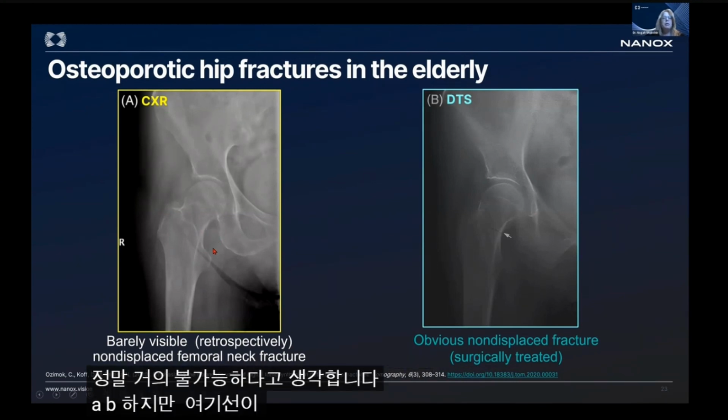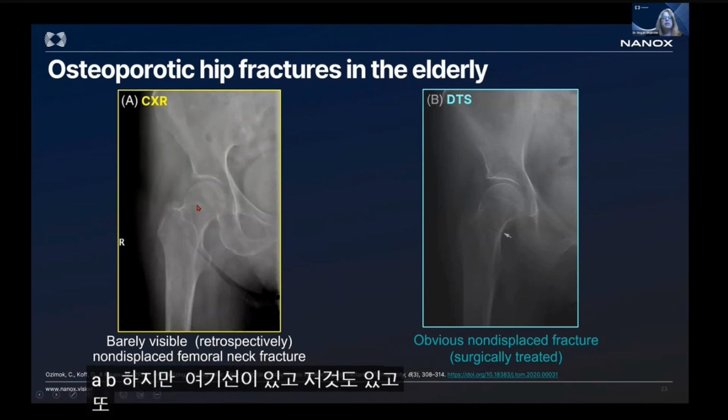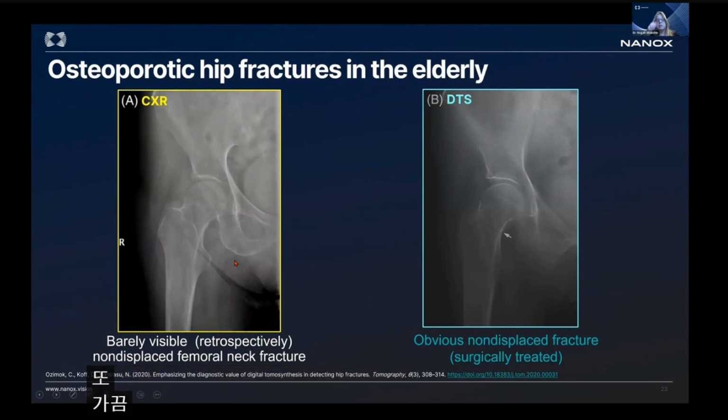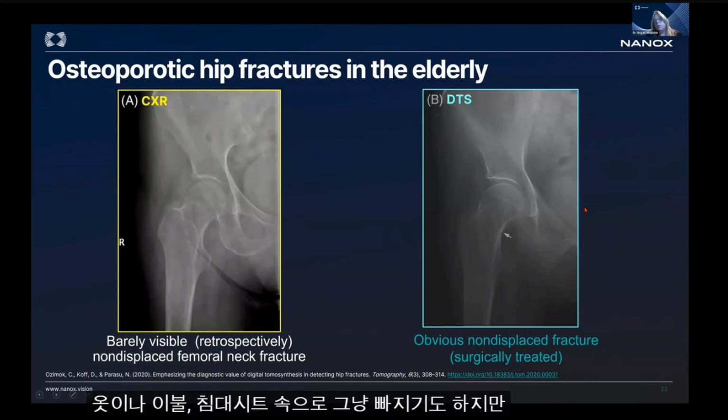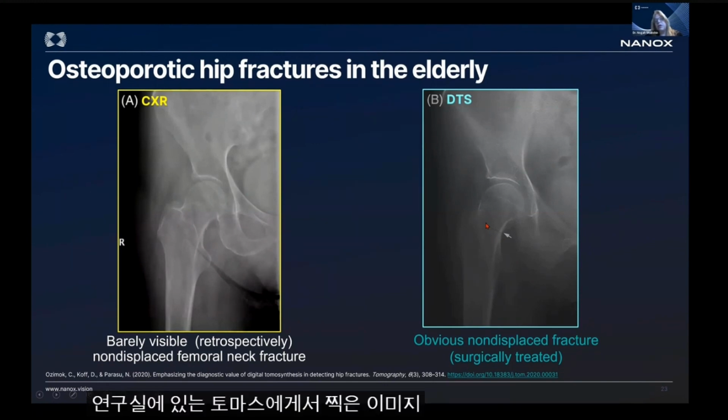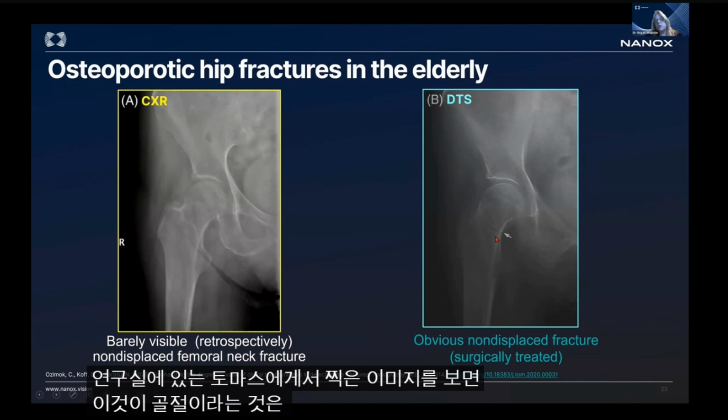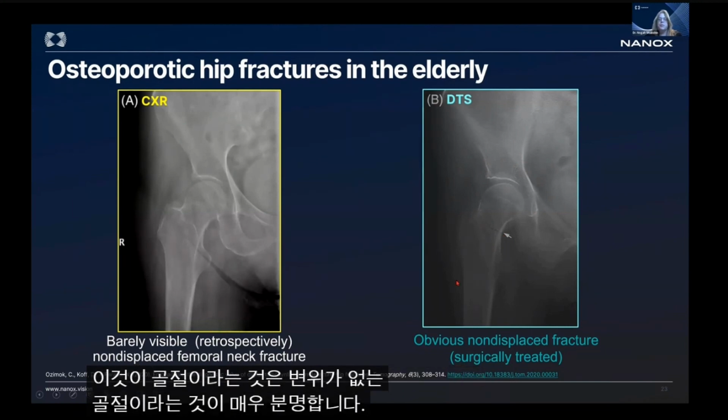There's a line here and there's another line there. Sometimes it's just skin folds, or folds in the clothes or blanket or a bed sheet. But when we look at an image taken from a tomosynthesis study, it is very clear that this is a fracture, a non-displaced fracture.